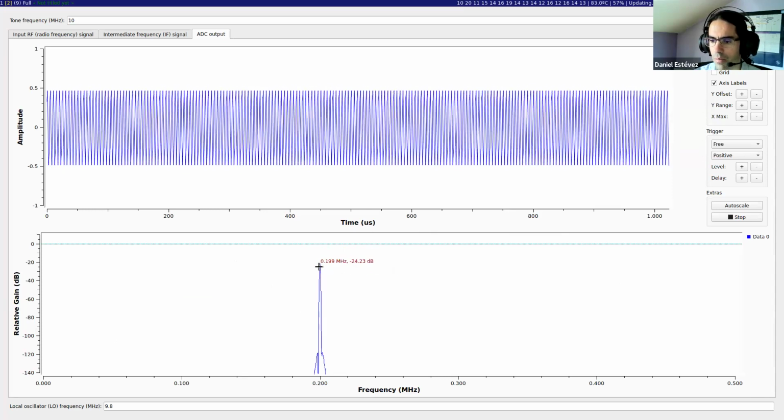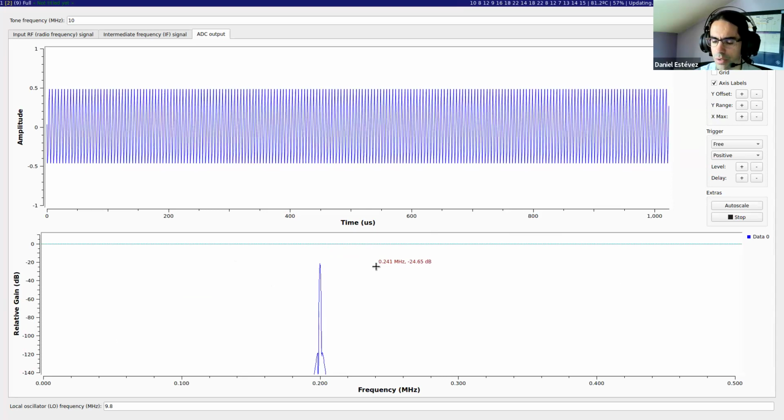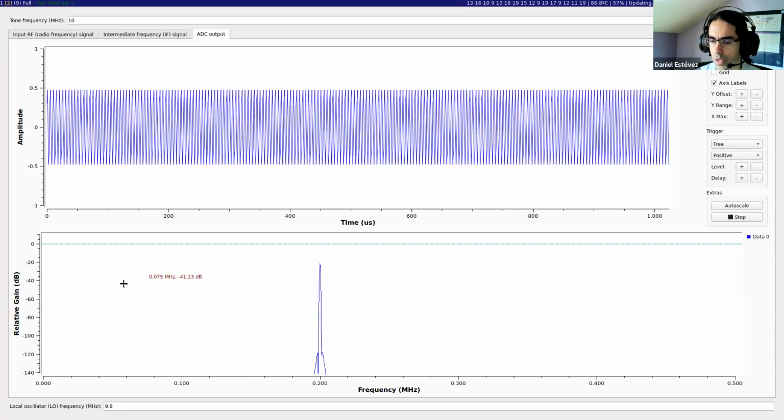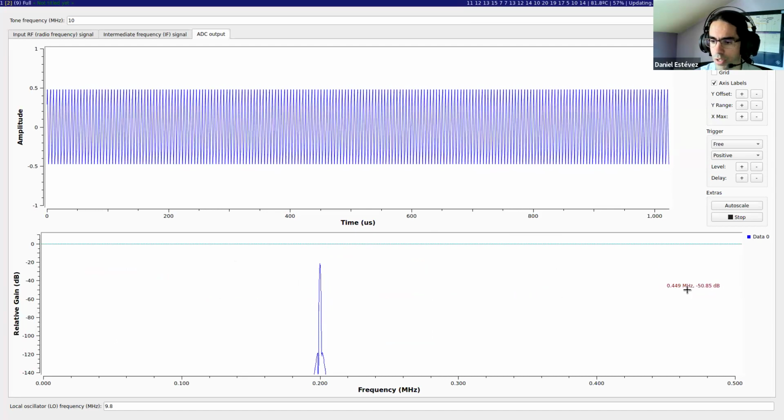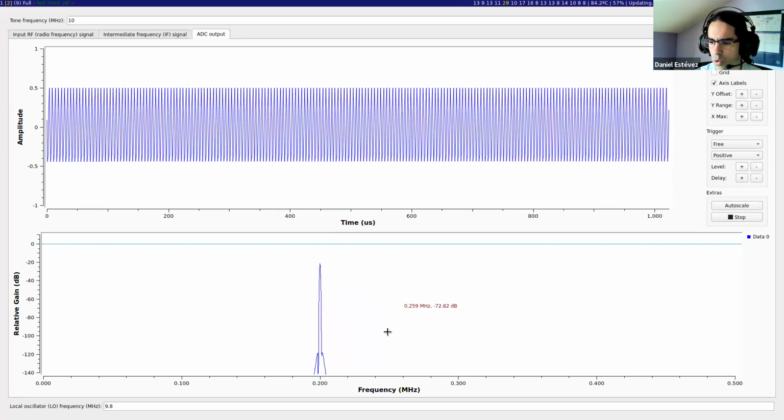But then we might want to shift this signal again in frequency, because there might be several FM stations, for example, which we receive at the same time by putting the center frequency somewhere in the center of all these signals. And then we might want to process each of them. So to process each of them, we basically need to shift each of them to the center.